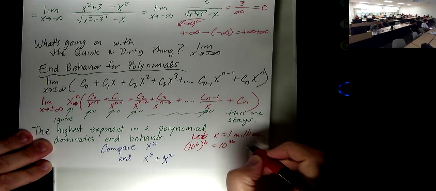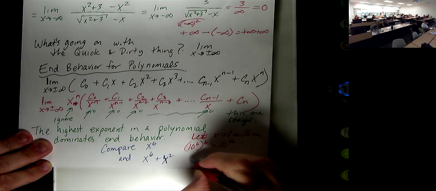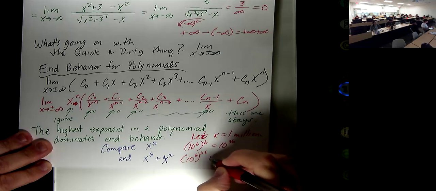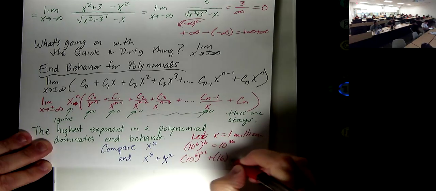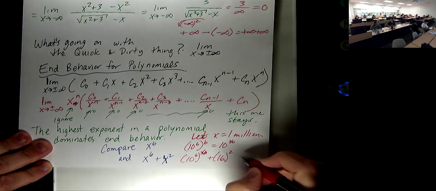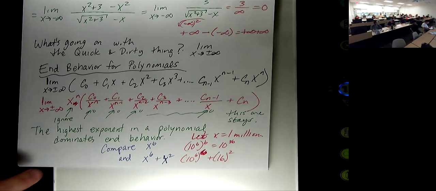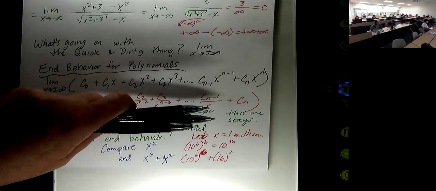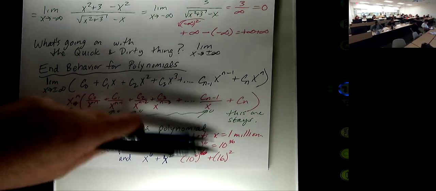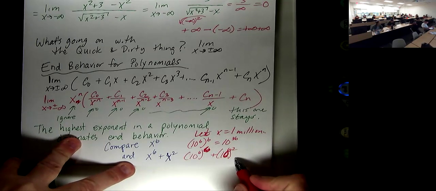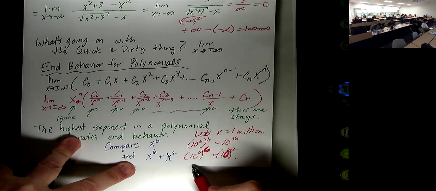That's a big number. Here I've got 10 to the 36 plus 10 to the 12. 10 to the 36 has 36 zeros, while this only has 12. It's like counting pennies when you have millions of dollars.